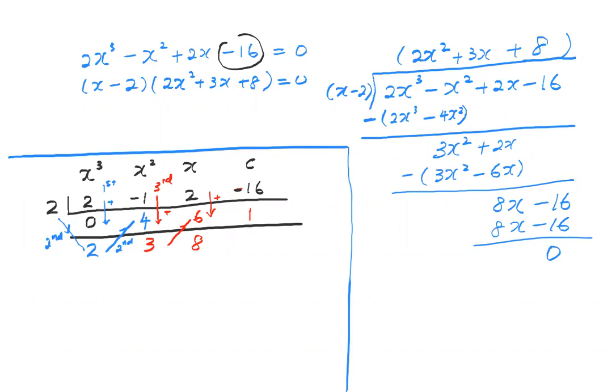So I put -16 here, and when I add, I got 0. So I'm done. So this will be my x squared coefficient, this is my x coefficient, and this is a constant. So therefore, this will be written as x minus 2, 2x squared plus 3x plus 8.